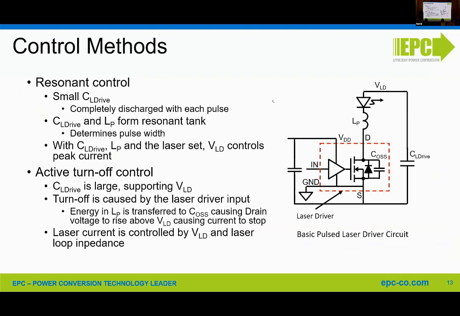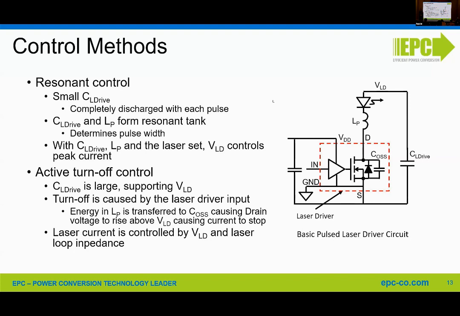Now, the laser pulse inductance isn't there on purpose. You want it to be as small as possible, and that's going to be the stray inductance around that loop. You're going to want it to be on the order of hundreds of picohenries. And anybody that's worked in power electronics knows hundreds of picohenries is very, very difficult to accomplish.